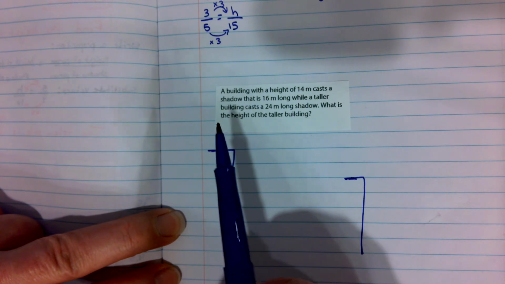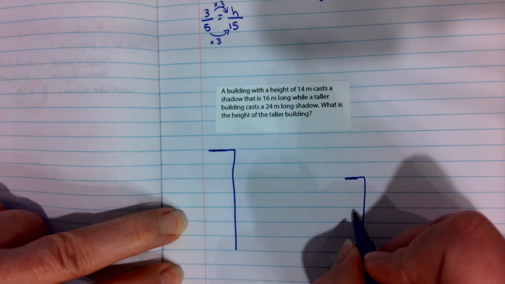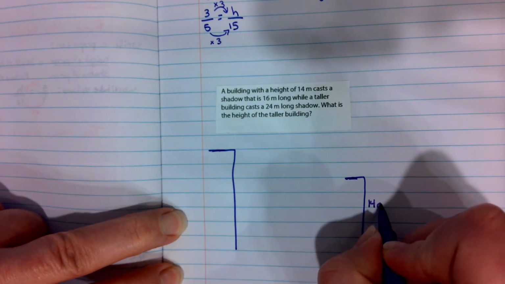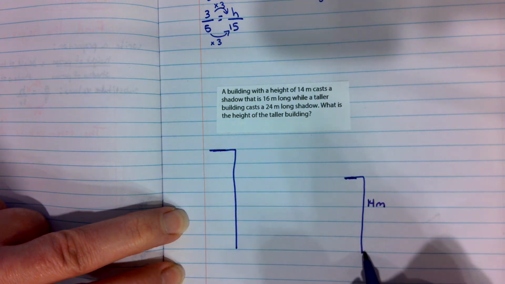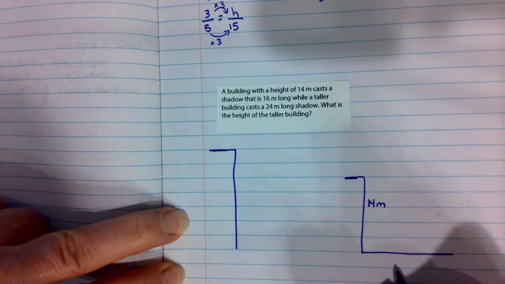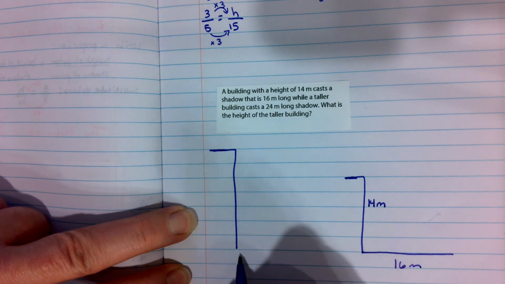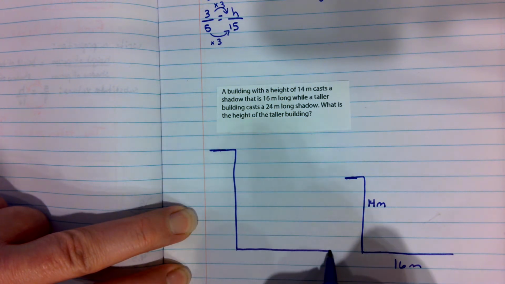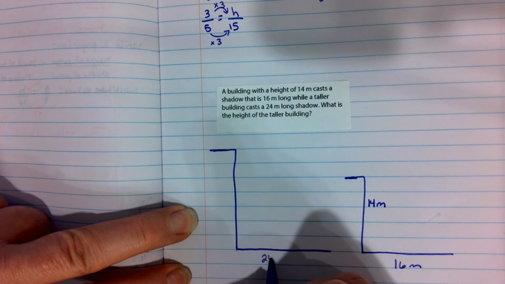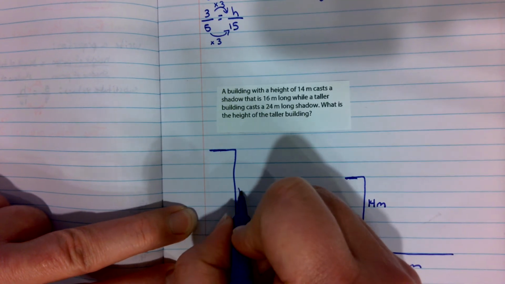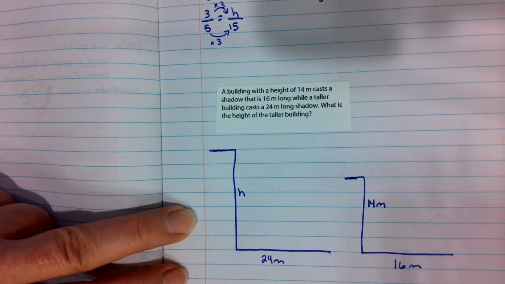All right, so the building with a height of 14 meters has a shadow that is 16 meters. All right, the taller building casts a shadow of 24 meters. We do not know the height of the taller building.